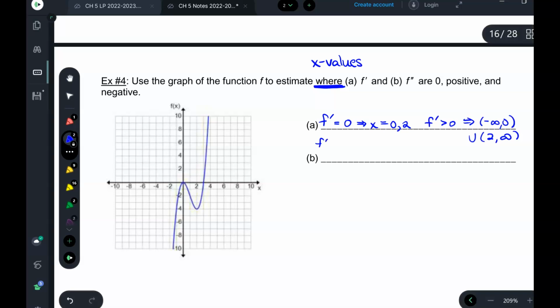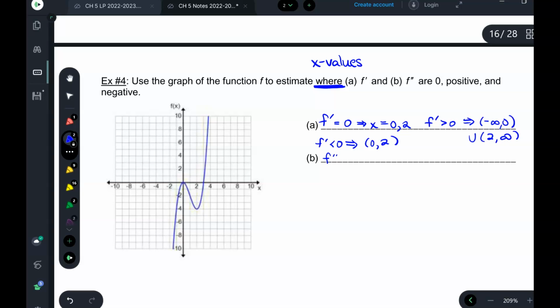And then where is this derivative less than 0? These are all just for part A? Yeah, and then we'll do the second derivative. Less than 0 between 0 and 2. Yeah, 0 to 2. Okay, does that make sense? So we're just looking at the graph and we're just interpreting increasing, decreasing.